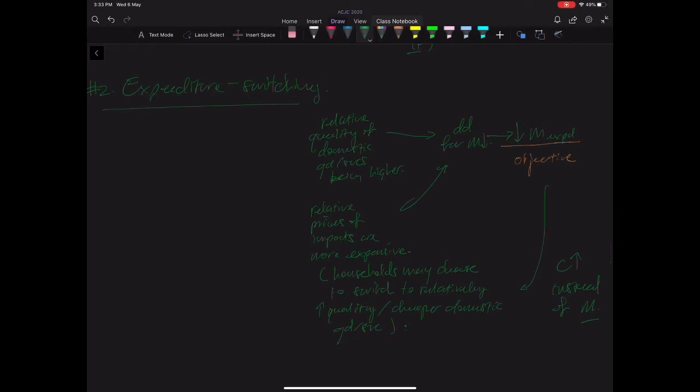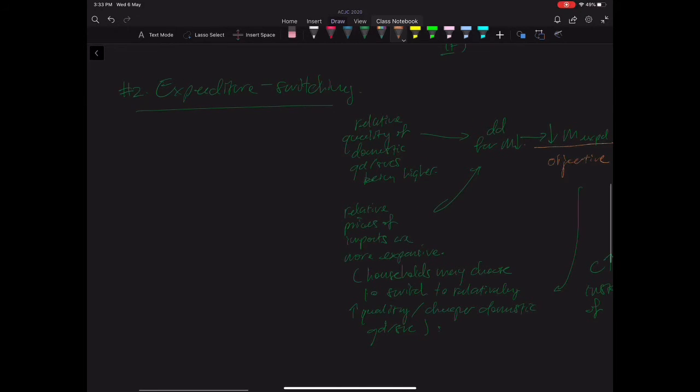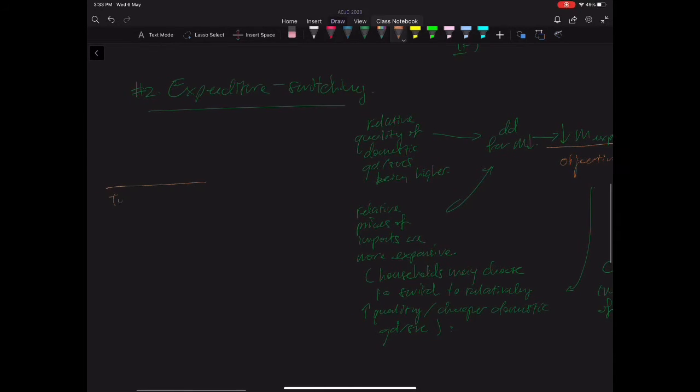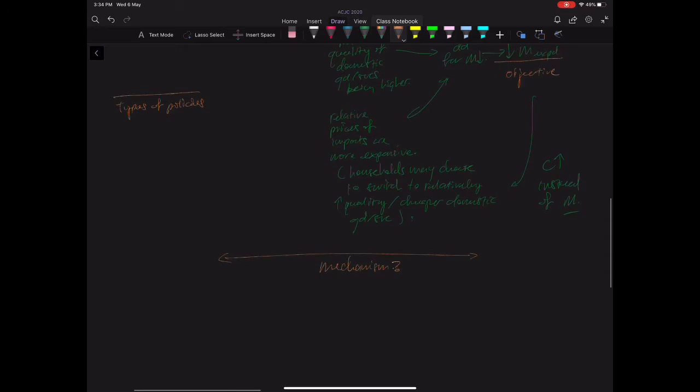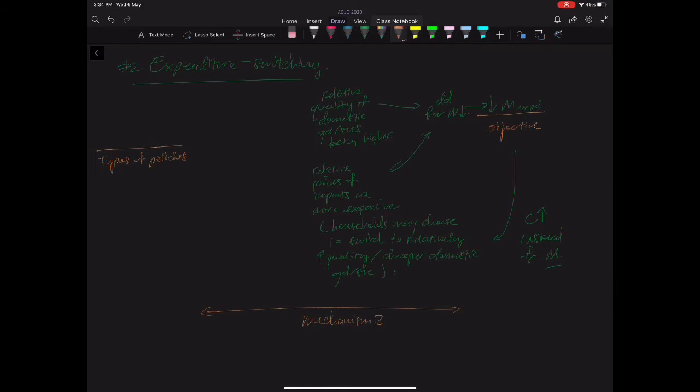But what are the types of policy or policies that can achieve this? And then what is the mechanism? Okay, how will the policies work in order to achieve the switching effect that we want to see?